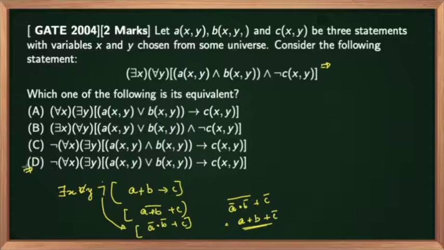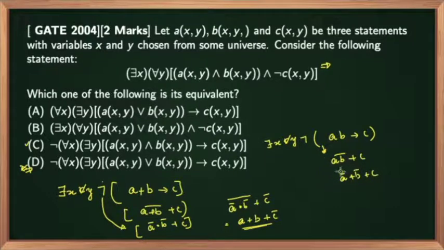So that means maybe I should try C. C is also the same thing, right? Here I have there exists an x for all y, then I have the negation. Here I have a b implies c, so I can write this portion as (ab)bar plus c, which is a bar plus b bar plus c.